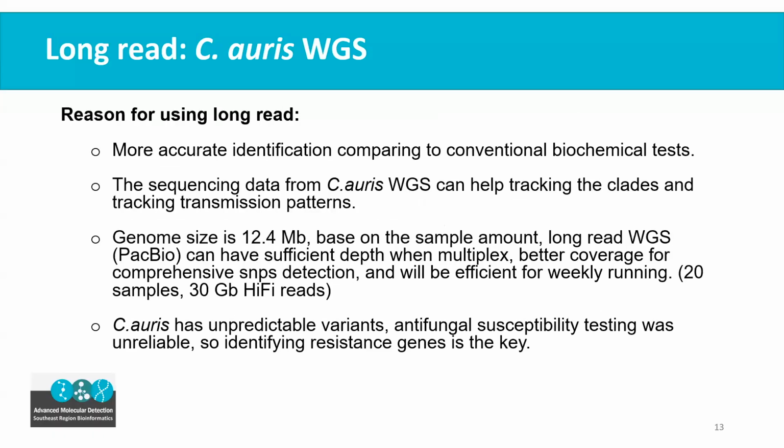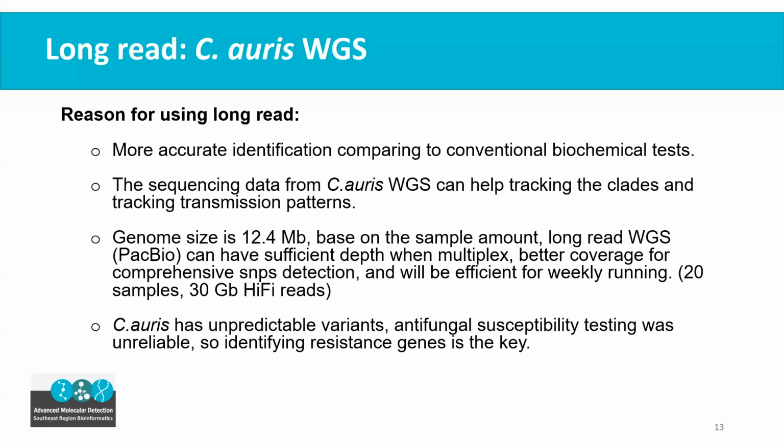Why do we use long-read sequencing for WGS? We already know that WGS is more accurate to identify the pathogen and can track the clades and transmission patterns for outbreak investigation. Also, with a genome size of 12.4 MB, Candida auris is well suited for long-read sequencing using PacBio technology, which has high throughput.